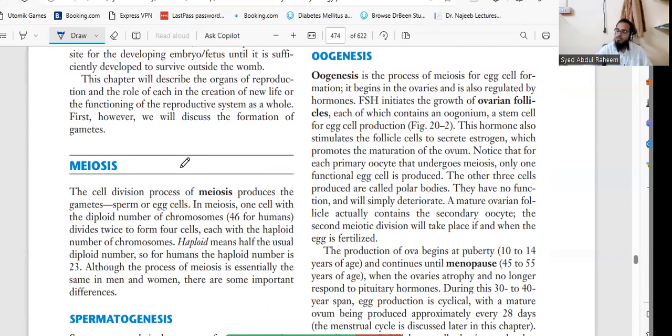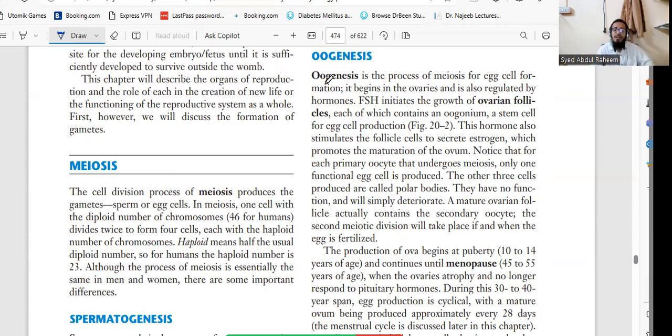So your system is not only the reproductive system; the cell's own mechanism is also there, so they will also divide, like cells are dividing.